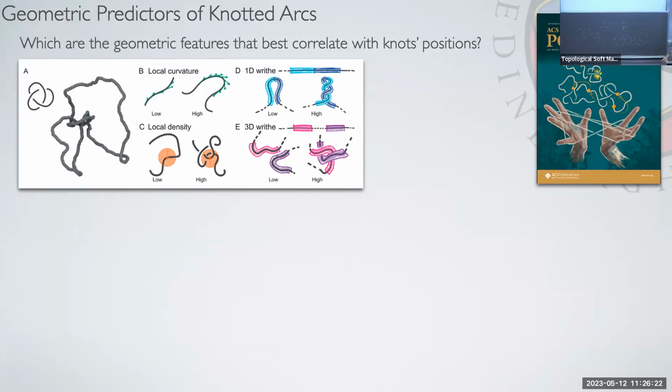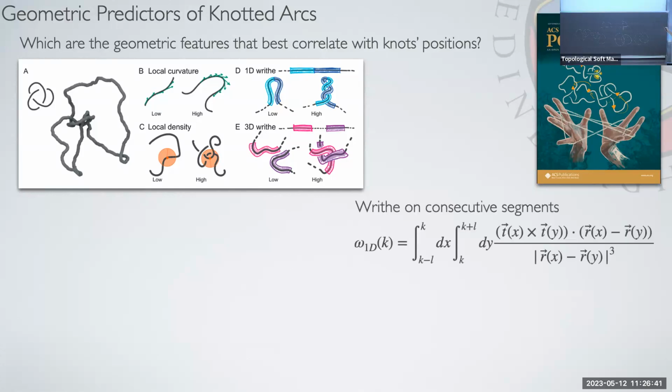It's a Kremer-Grest model with some persistence length. You can compute the local curvature and the local density as you walk along the polymer: how many other beads are within a certain volume. You can compute the 1D writhe that I'm going to define right now. The writhe is basically what Luca was also talking about.